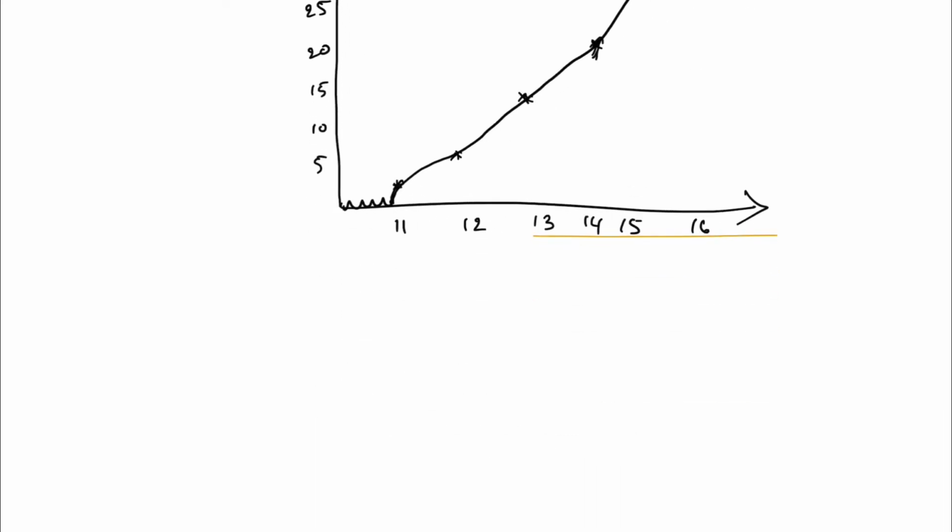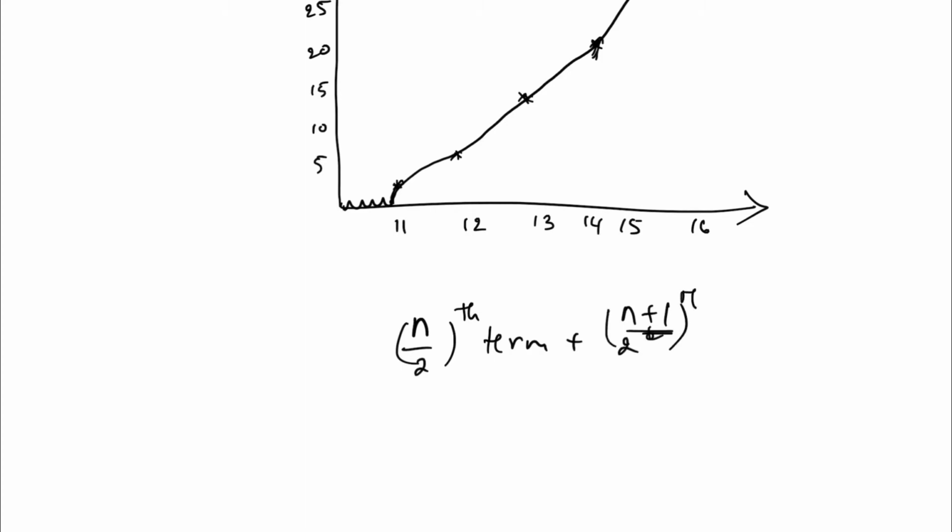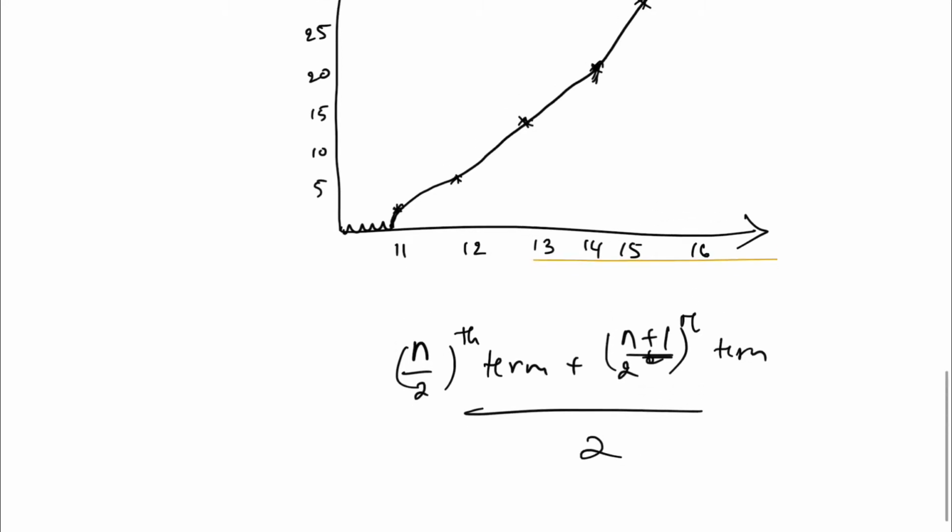If n is even, there are 2 middle terms. So you will take the n by 2th term plus the n by 2 plus 1th term, divided by 2. In this case, what was your n?